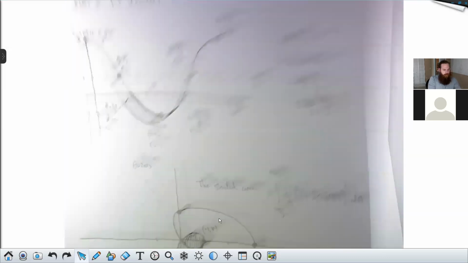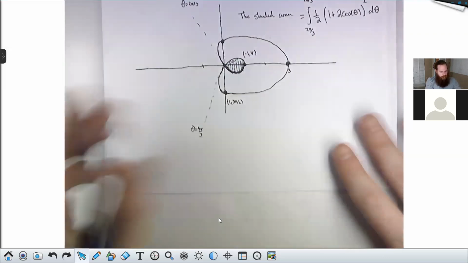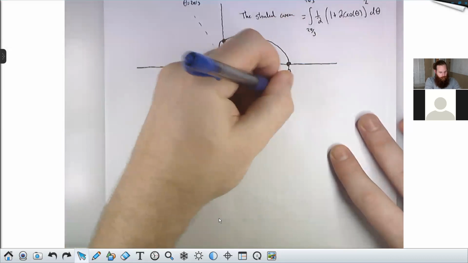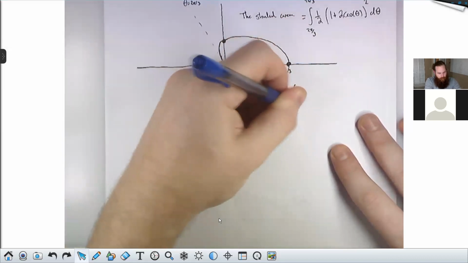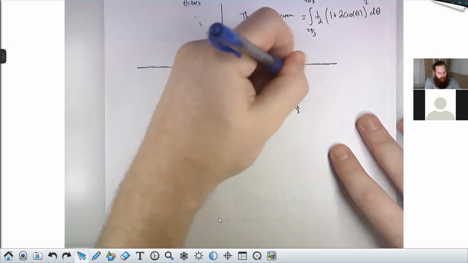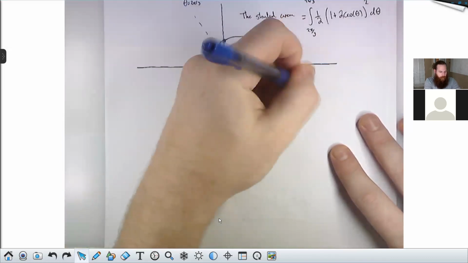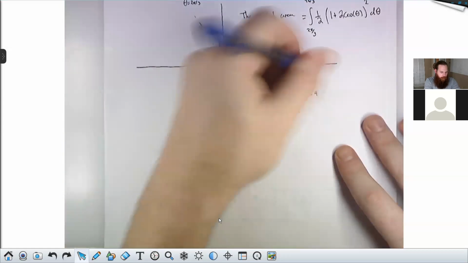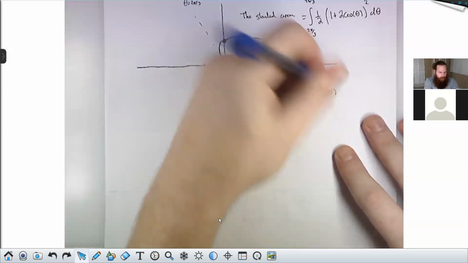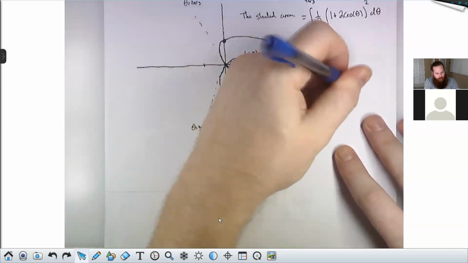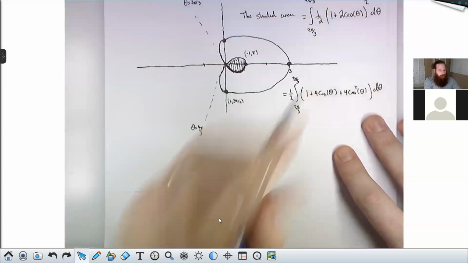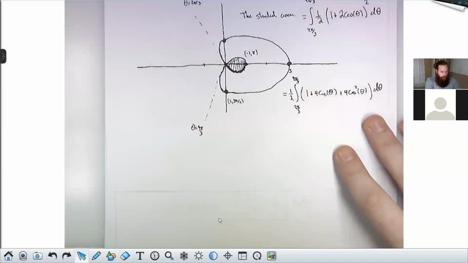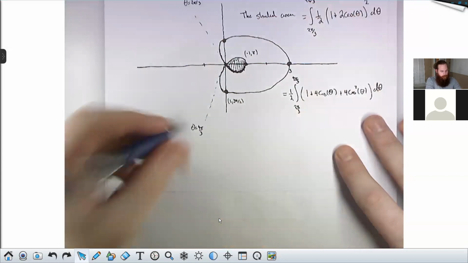So let's go ahead and crunch this integral. It is equal to 1/2 integral from 2 pi over 3 to 4 pi over 3. I FOIL that out and I get 1 plus 4 cos theta plus 4 cos squared theta d theta. And this last piece is going to require a little bit of attention.